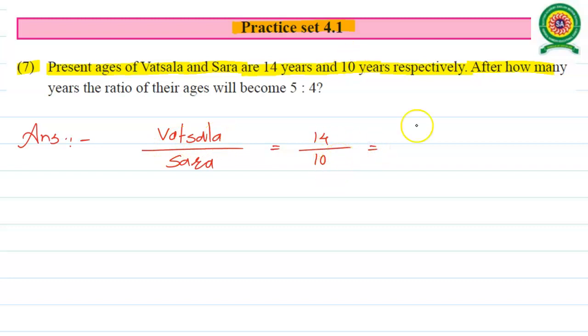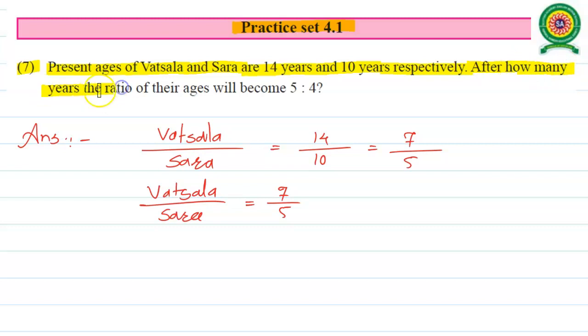So 14 divided by 10, there is a divisibility of 2 between numerator and denominator. 2 sevens are 14 and 5 twos are 10. So the ratio of the present age of Vatsala to that of Sara is equal to 7 divided by 5.